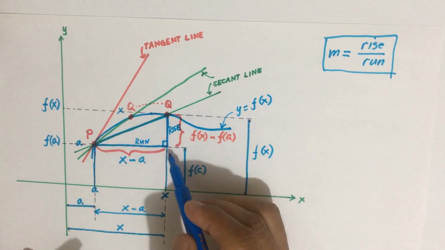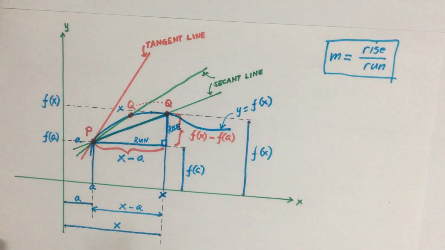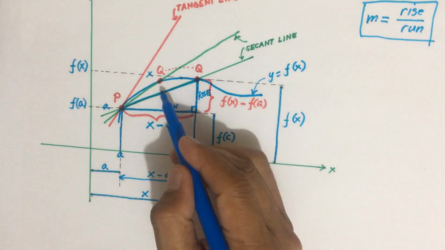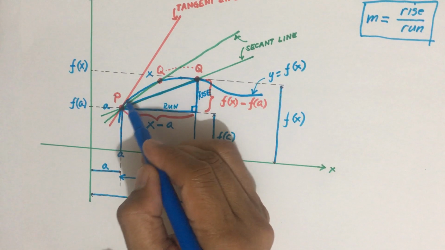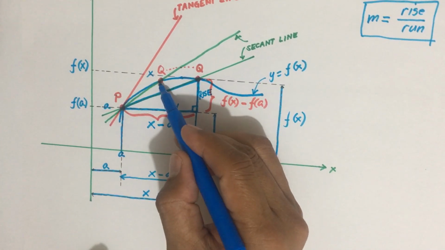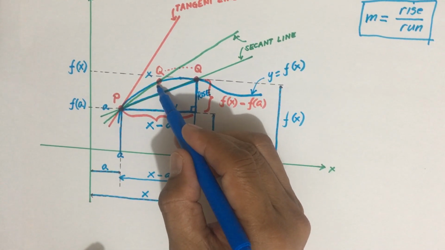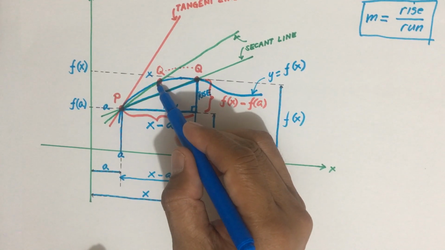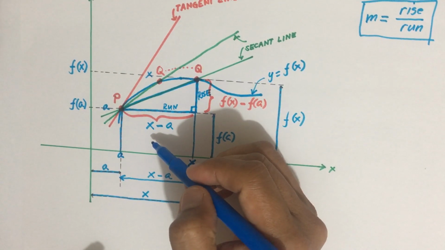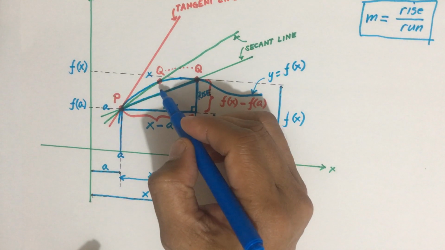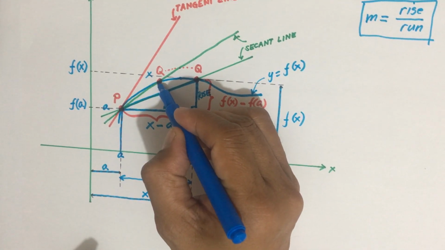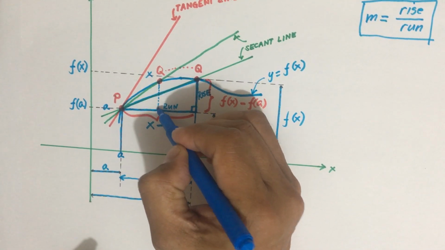Alright, so that is for this particular position of Q. Now, as Q moves along this curve, along this graph, if this is now the position of our Q, what happens? Okay, so this will be our new triangle.